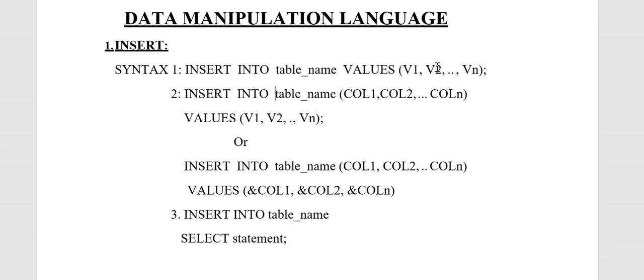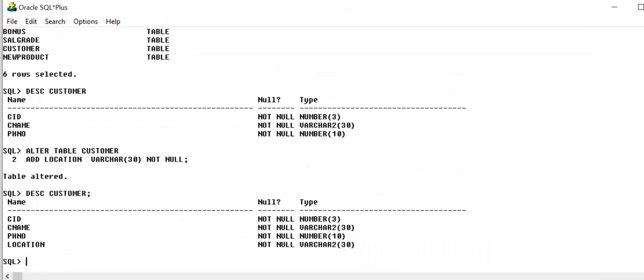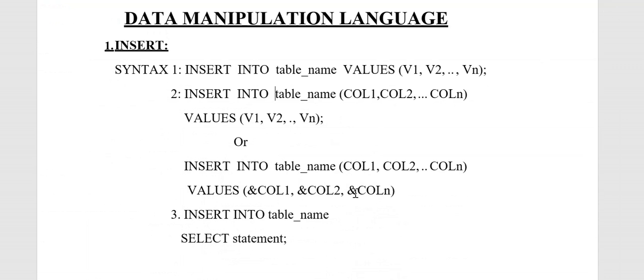V1, V2, V3 are based on the type of the table. For the customer table, we have CID, that is customer ID, customer name, phone number, location. If we want to enter values into this table, we enter 1, Satish, phone number and location. If you enter value 1, value 2, value 3, automatically all these values will be stored in the table.